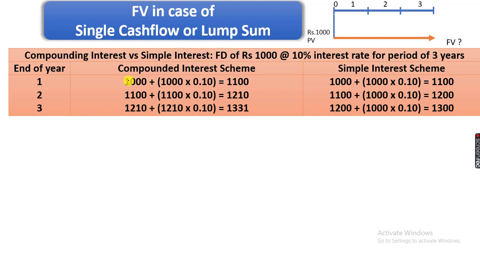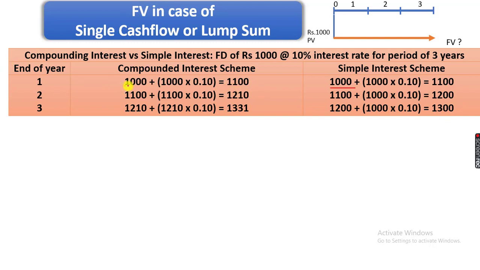In the case of compounding interest, interest is accumulated to the principal and interest will earn interest, whereas in the case of simple interest, interest is always fixed for all the periods. So, let us look at the compounding process.